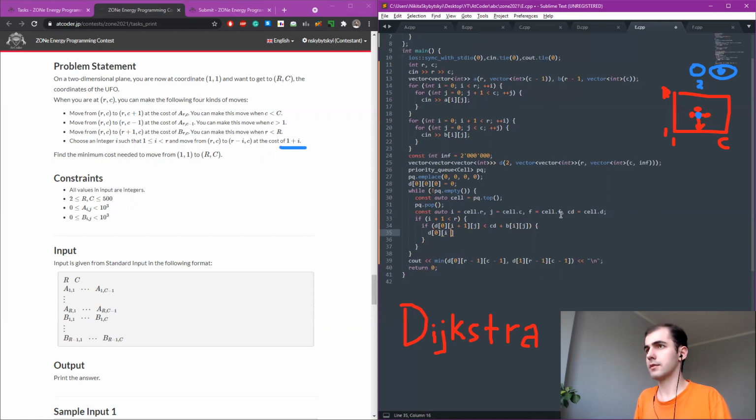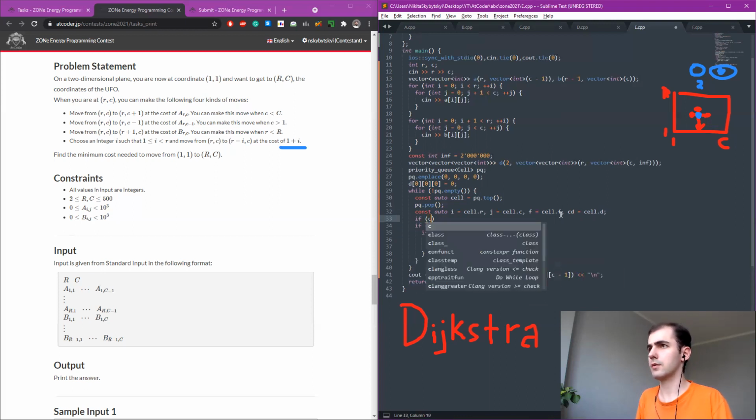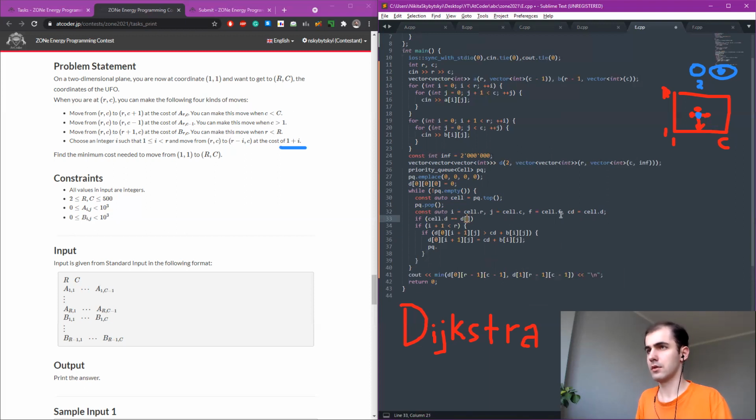And the first thing that we want to do is assign, actually, yes. The second thing that we want to do is, actually here I want to add one more check if it is equal to d[f][i][j]. Because if it's not, then it means that it's a duplicate vertex, and we should not consider it.